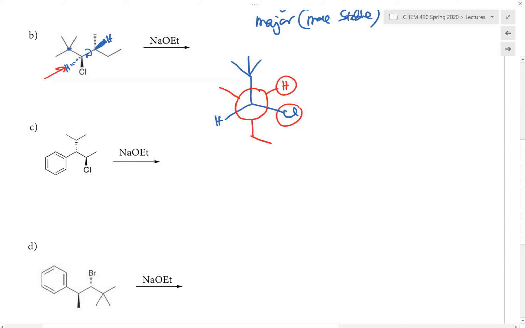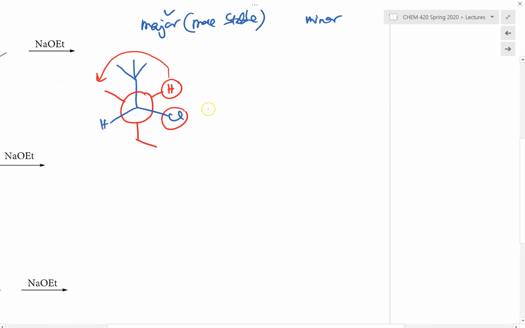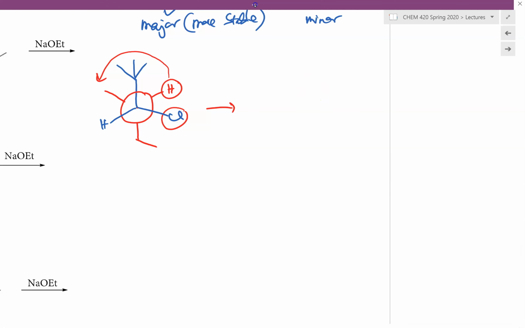And how we'll be able to do that is by taking this hydrogen on the back and rotating it over 120 degrees. So once we have the rotation, again, let's keep the front carbon the same thing.